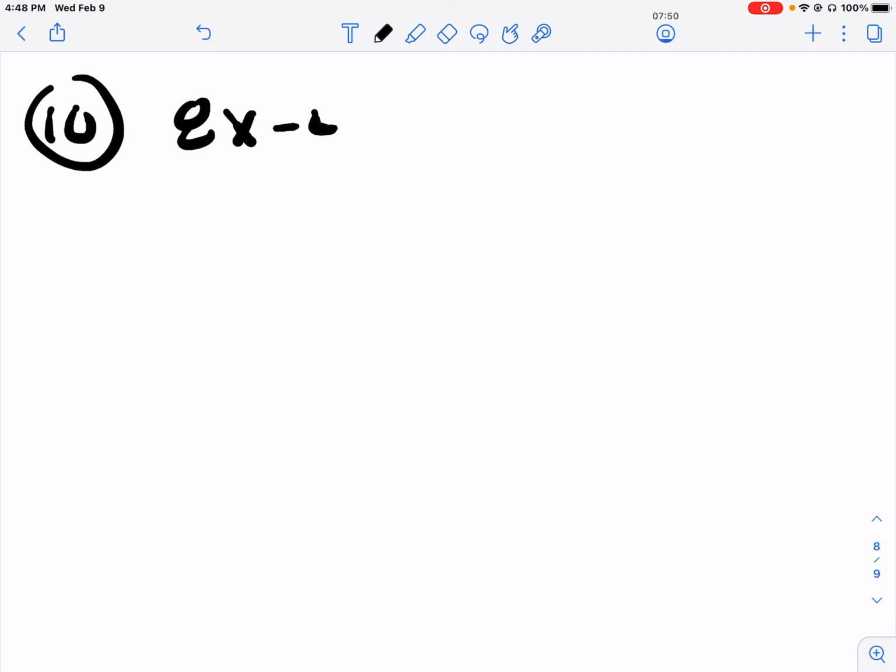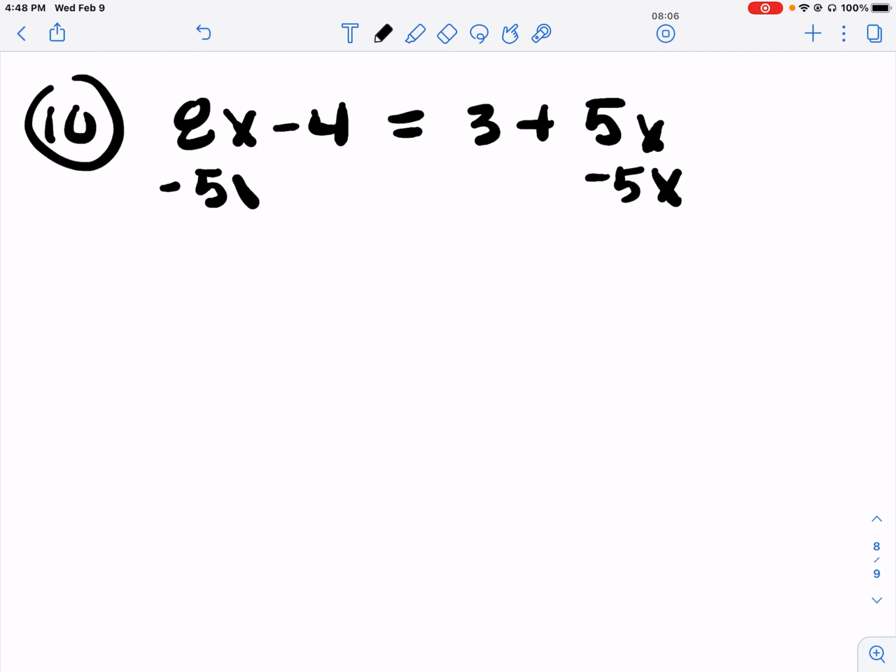8x minus 4 equals 3 plus 5x. Remember, don't add that 3 plus 5x, that's not like terms. Okay, there's an x on both sides. So I like to do the smaller. I put the 5x under the like term. 8x minus 5x is 3x.